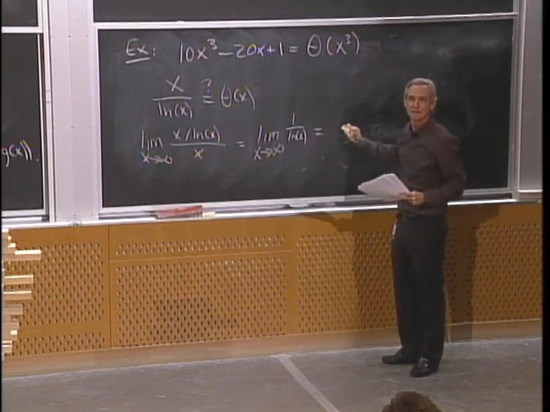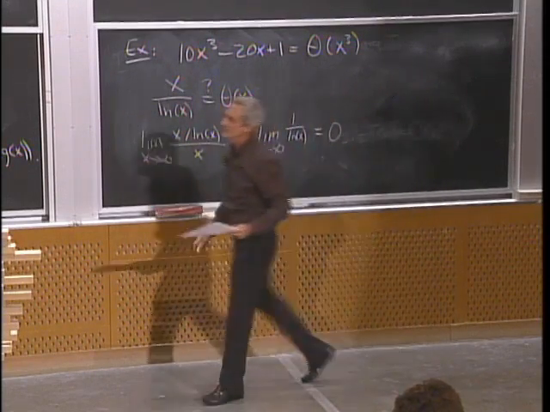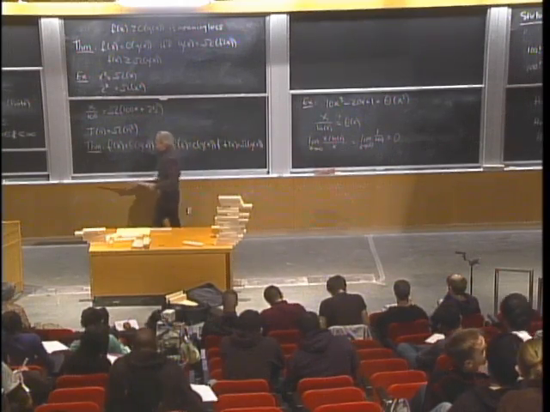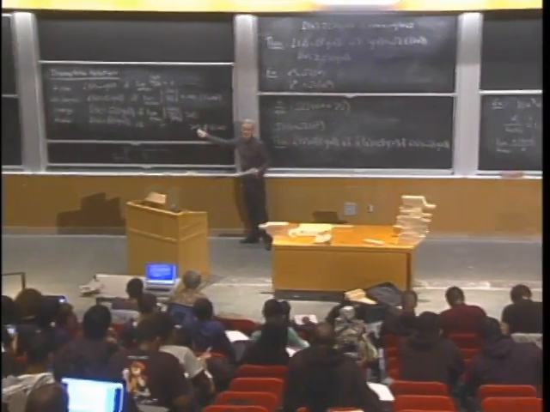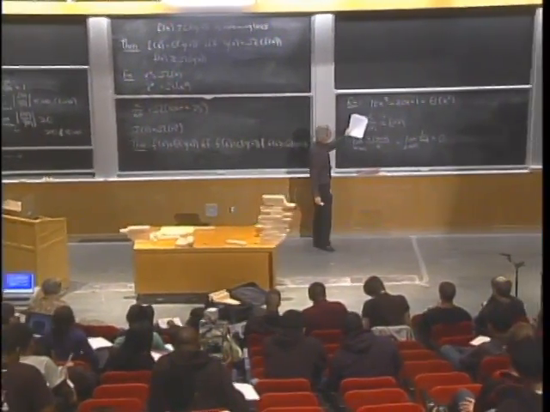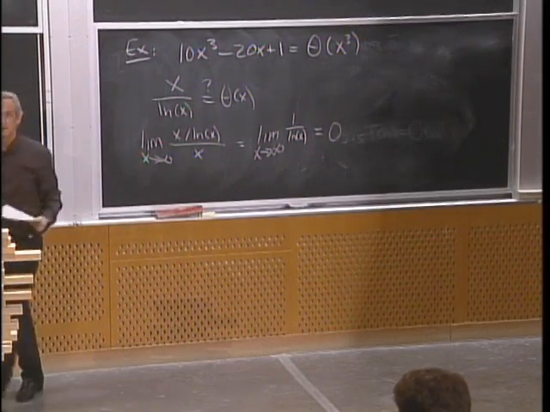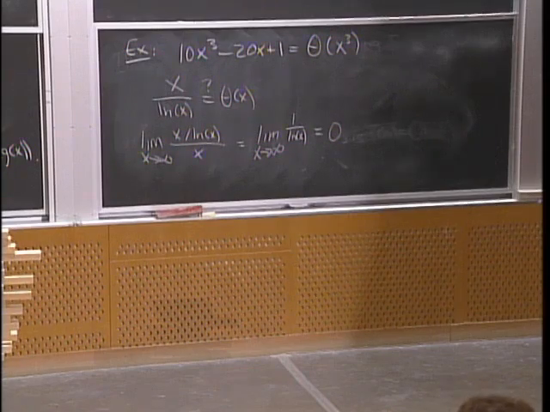What's that? 0. Uh-oh. It is not theta. I've got to be bigger than 0. In fact, this grows more slowly than that. Strictly more slowly. A little more slowly, but strictly more slowly.